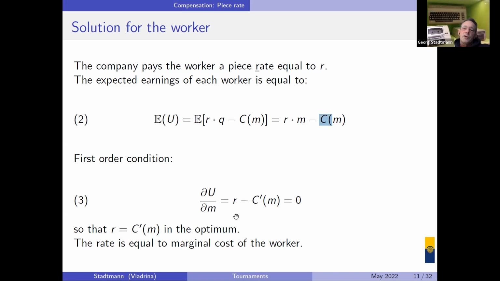So the first order condition becomes, we are differentiating the utility function with respect to m, and we get r minus C prime. This has to be set equal to 0. So that in the equilibrium, the rate is equal to the marginal cost. The rate paid to the worker is equal to the marginal cost.